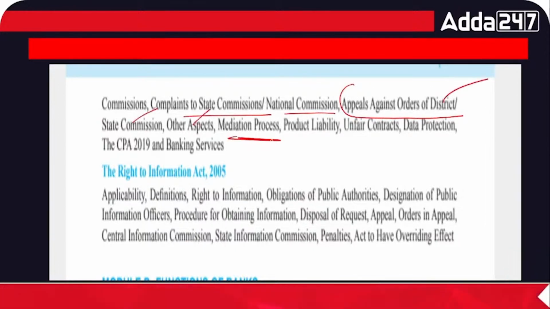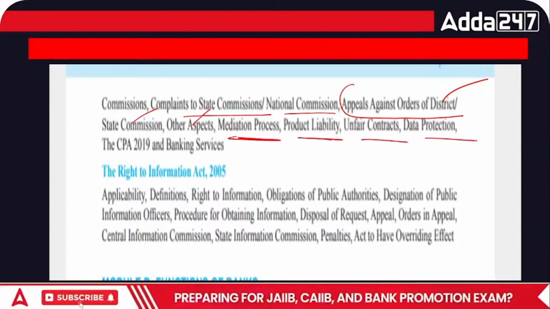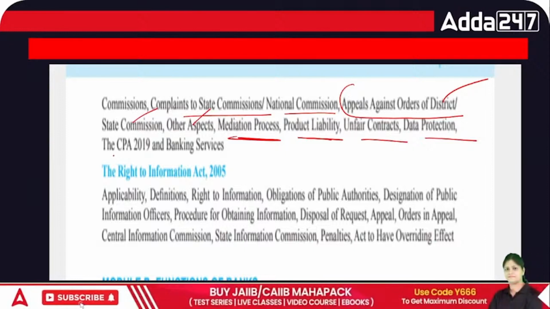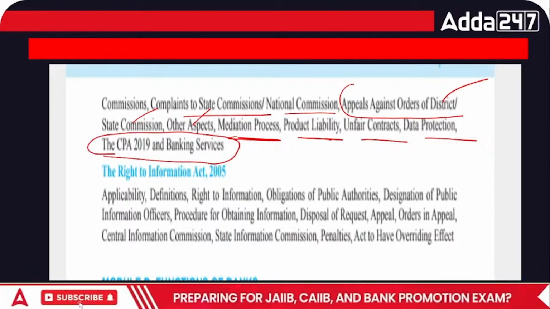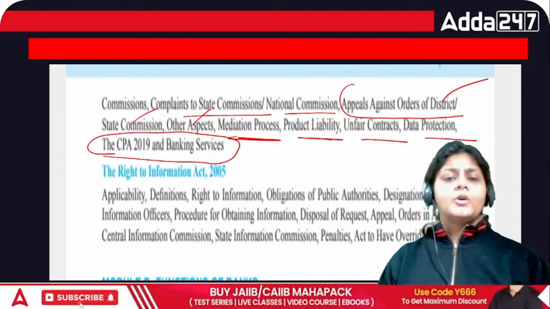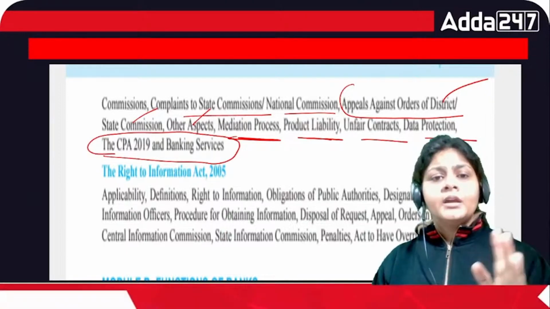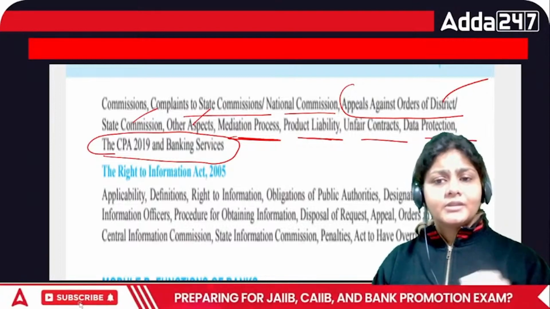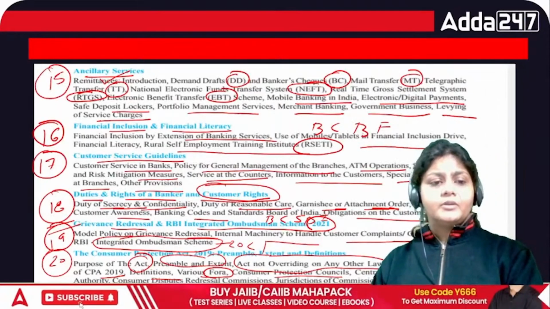What is the mediation process? What is the meaning of product liability, unfair contract, data protection, and what is the relation of CPA 2019 with the banking services? I mean, under the Consumer Protection Act 2019, how the banking services come under the CPA 2019. So this we are going to learn in this chapter, right? So this is your chapter number 20.